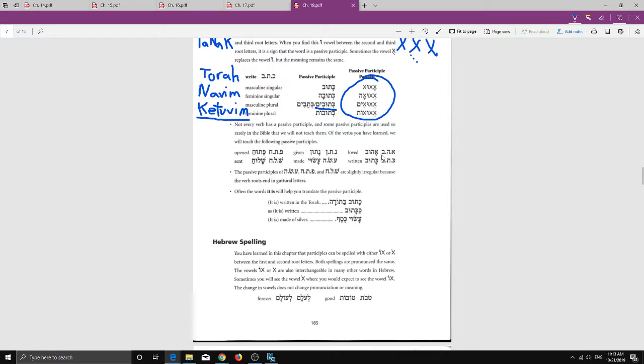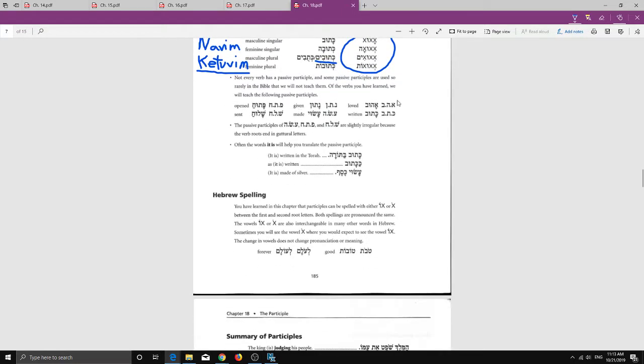Okay? Still, here are some examples. Here we have our verb aleph hey bet. So ahuv is someone who is loved, one who is loved. Kaf tav bet is going to be katuv, written. So that's what we talked about up here: Ketuvim, the written things, the writings.